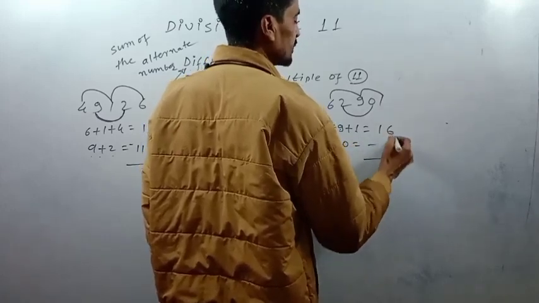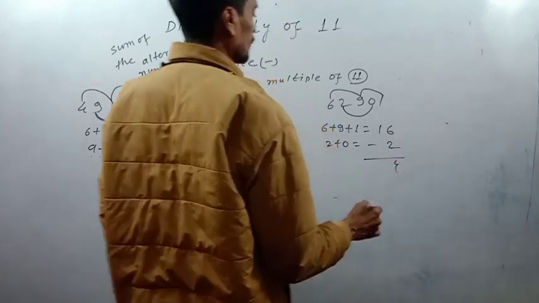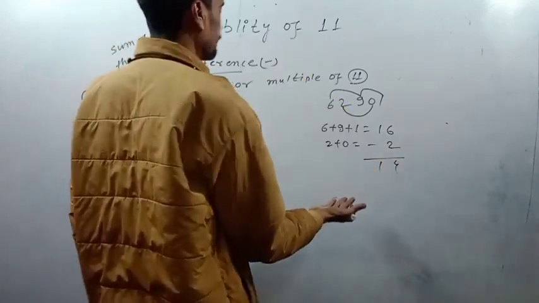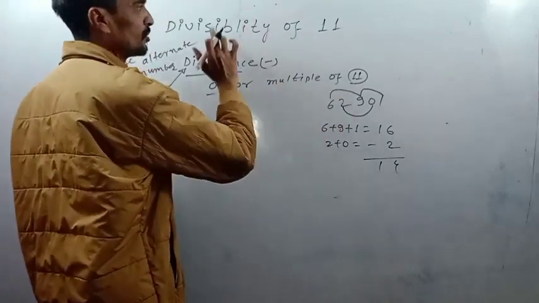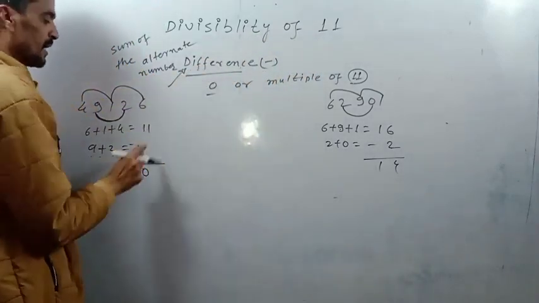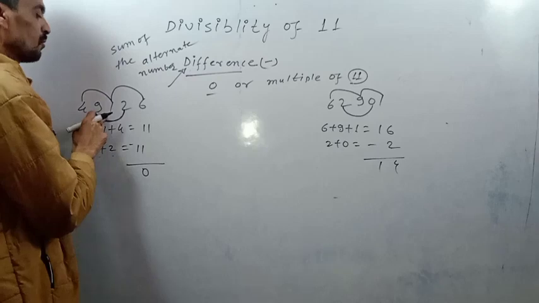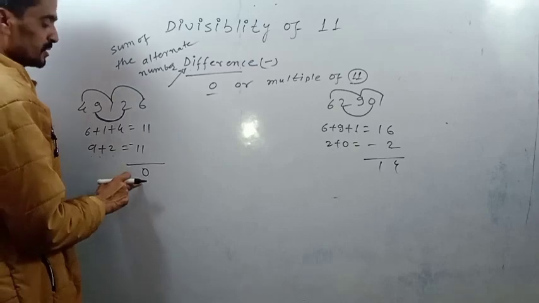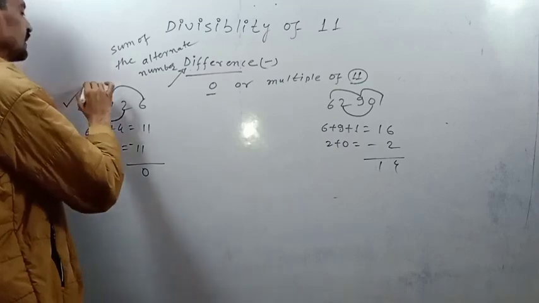Then do the subtraction: 16 minus 2 is 14. Checking the divisibility, first you do the sum of the alternate numbers, then take out the difference. So for this number, we have done the sum of the alternate numbers and the difference, and it is 0, so it is divisible by 11.